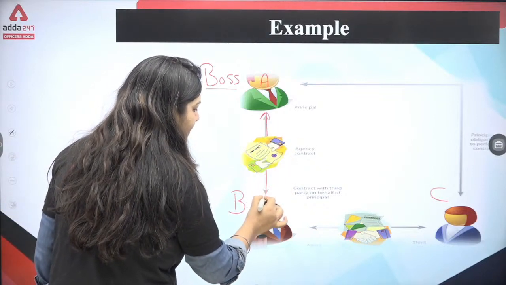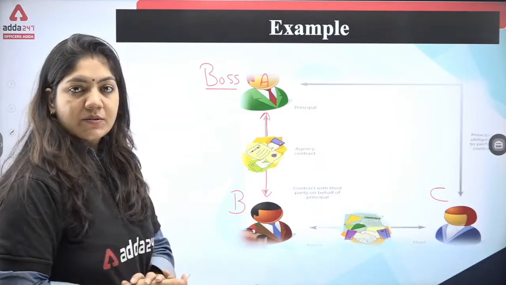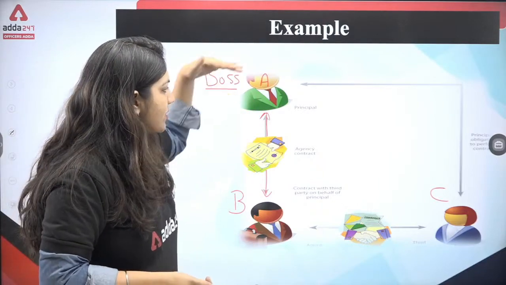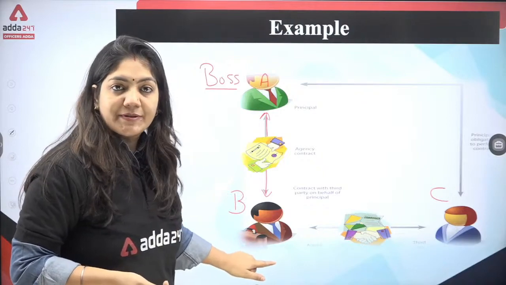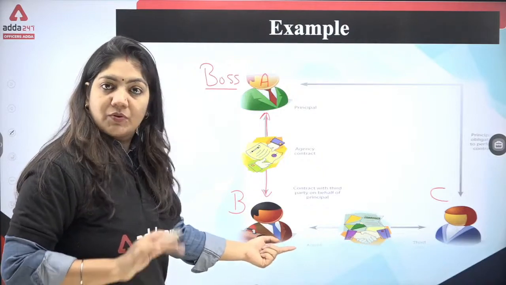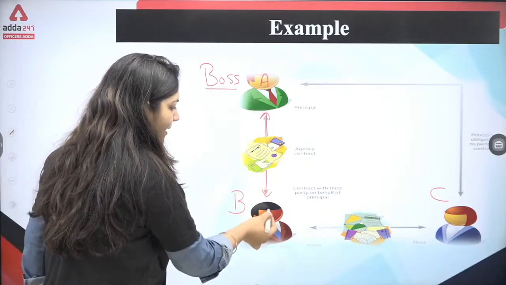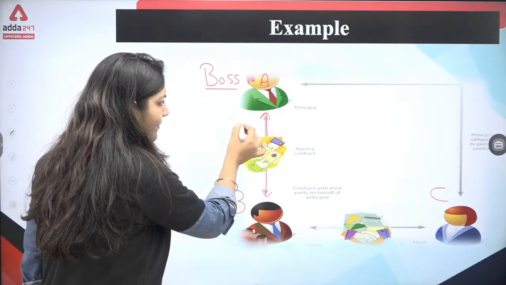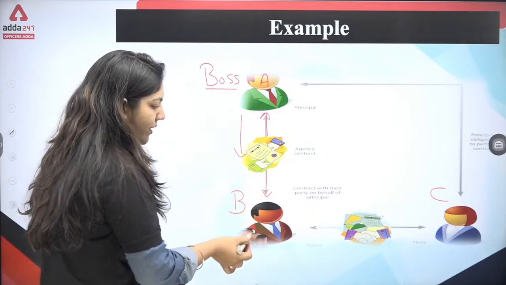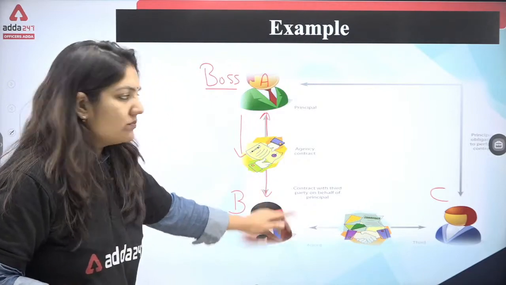Whatever the principal or the boss guides this person, that person has to do. Okay, exactly, that is clear to all of you. Now see, there is a contract between both that whatever I guide you, you have to do. You can say that he is the employee of the boss.